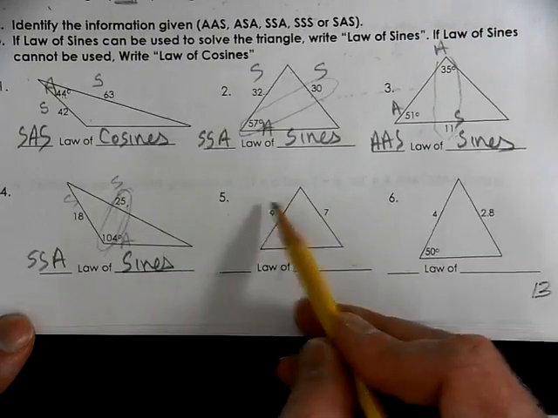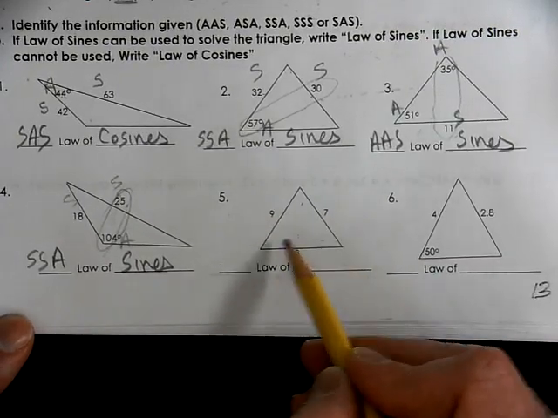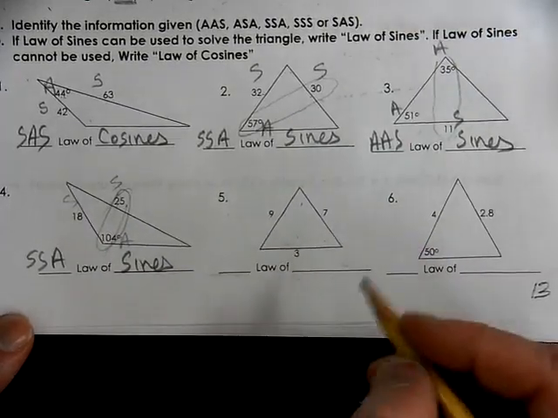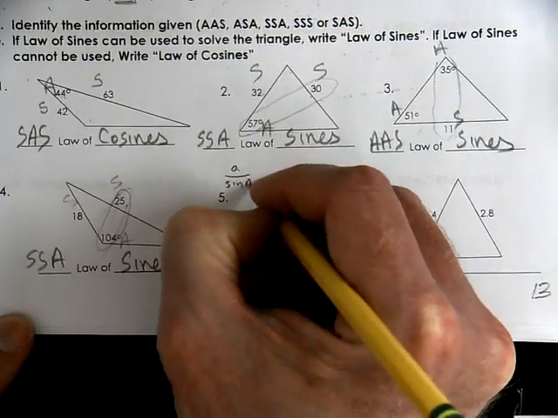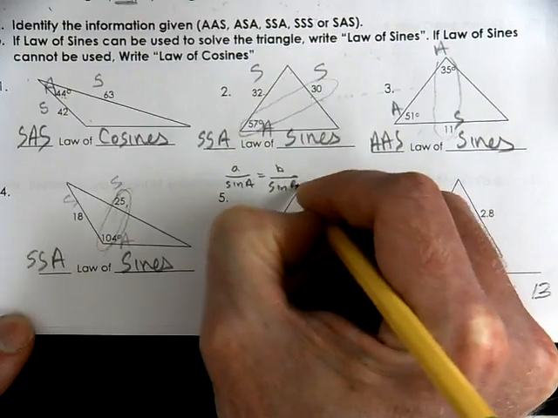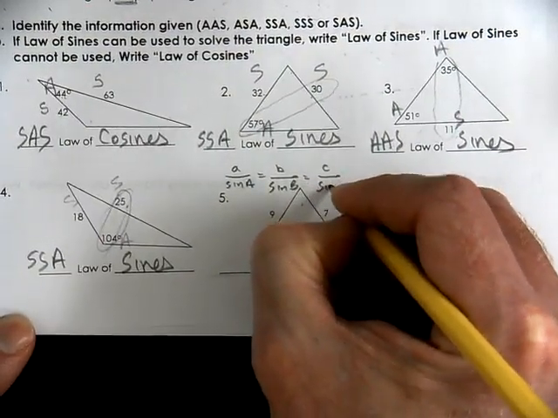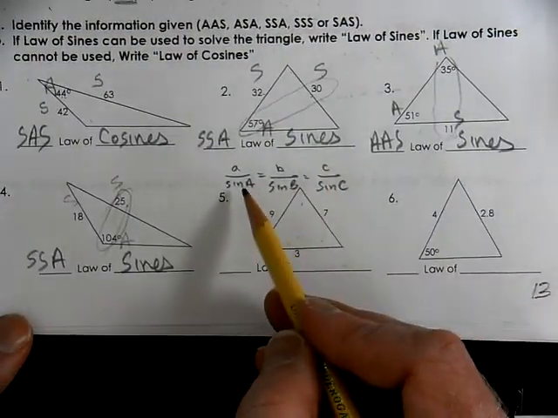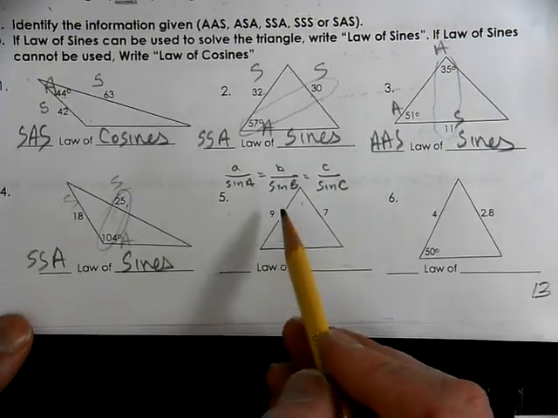This one, we have three sides, but we don't have an angle that would give us a pair that we can work with law of sines. If we're thinking about law of sines, remember you can put the sides on top of the ratio, or you could put the sides on the bottom of the ratio, your choice.